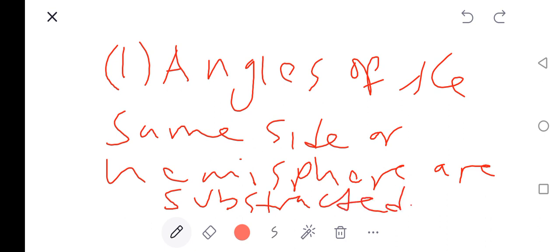Angles of the same side or hemisphere are subtracted.